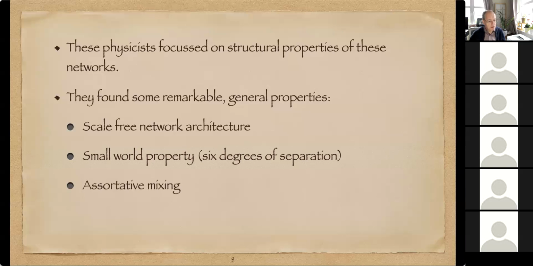Then there is the property of assortative mixing. People that are alike, entities that are alike, like to be linked with each other in the network. And that's exactly what is happening. We get communities in these networks, and they are formed by how alike they are. And this is one of the issues, of course, that Facebook introduced. This became stronger.